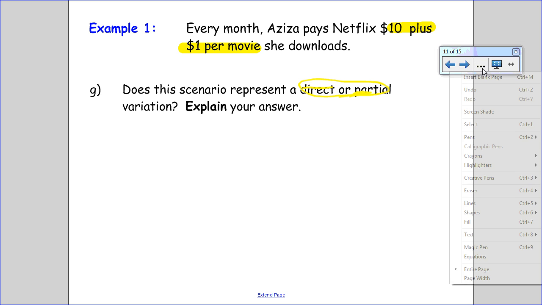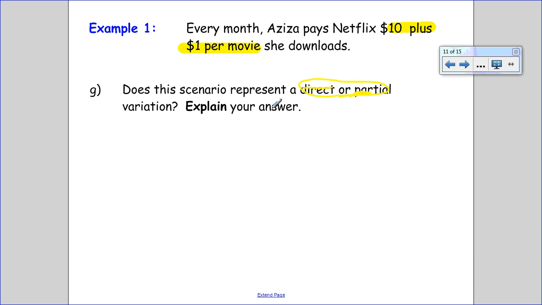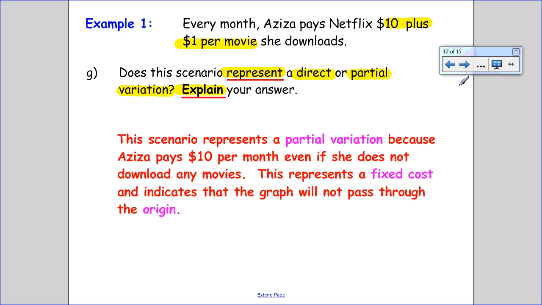So if I want to know if it's a direct or a partial variation, and I want to explain, well, what happens when I don't download movies? I still have to pay money. So there's an initial value that's not zero. Okay? So that means it's a partial variation.